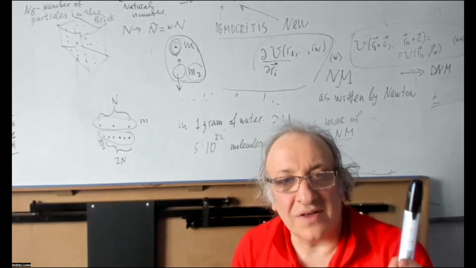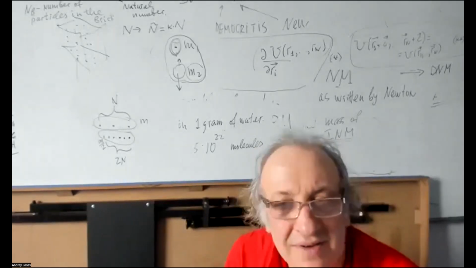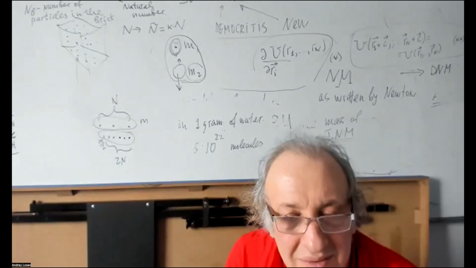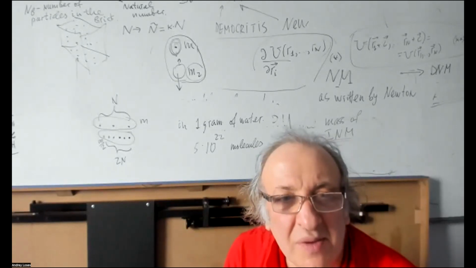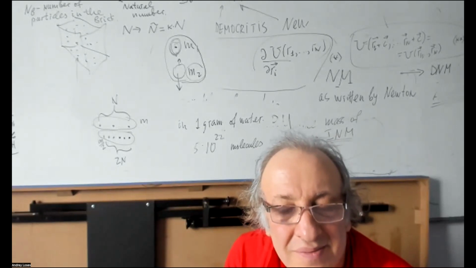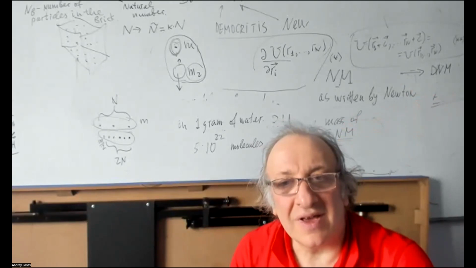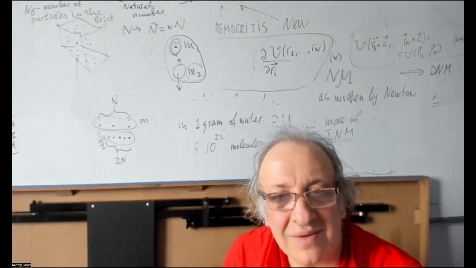In order to see the structure of my marker, I need to go to a very complicated device, like an electron microscope. But at the time of Newton, there were no electron microscopes available. Or I have to dissolve my marker in acid and study Brownian motion under the microscope.